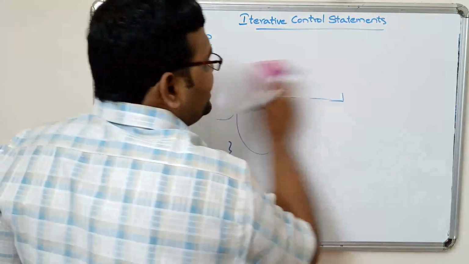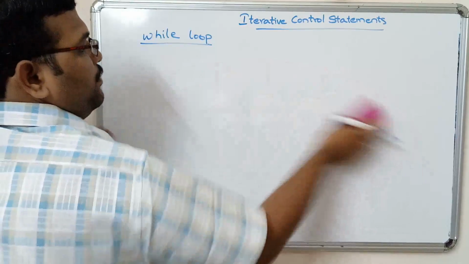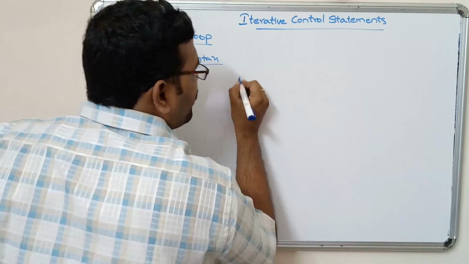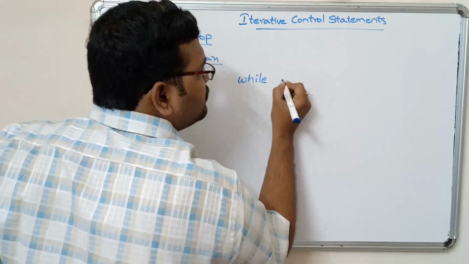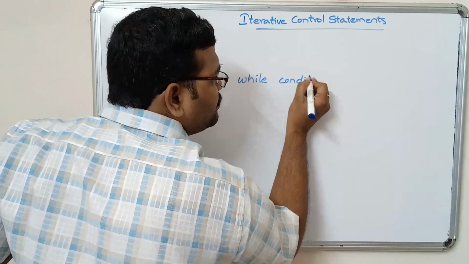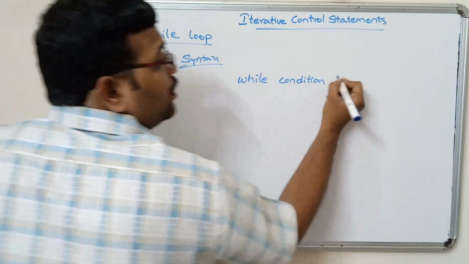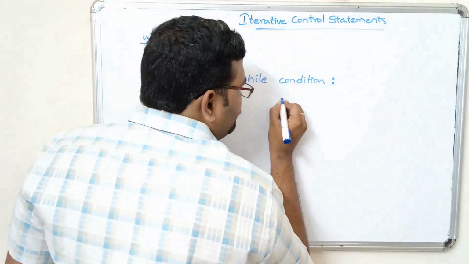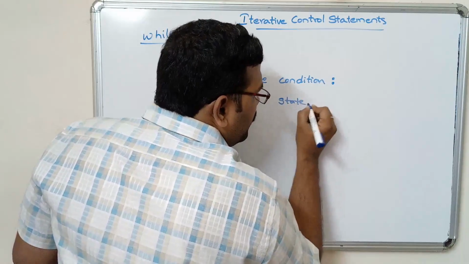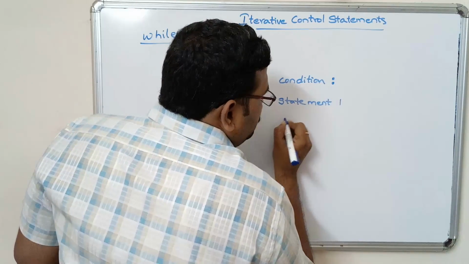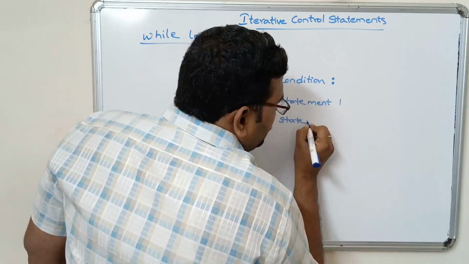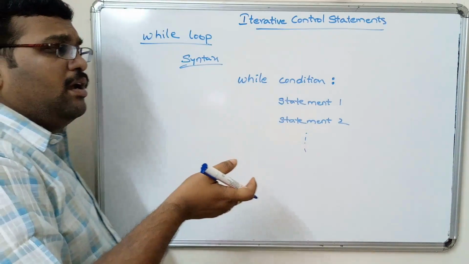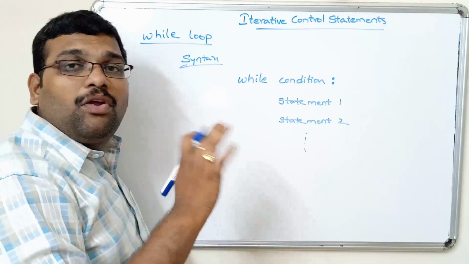Now let us see the syntax for the while loop. while condition, colon, and automatically we have to write from here. Statement 1, statement 2, and so on. This may be a single statement or multiple statements.